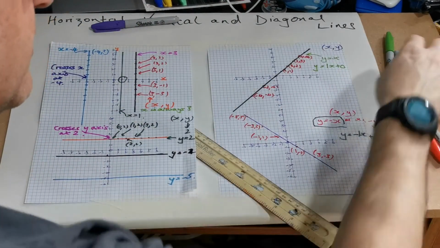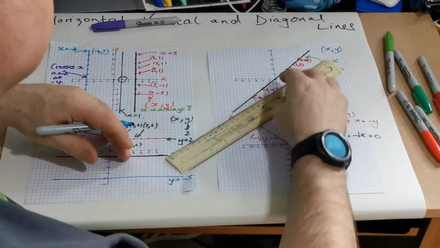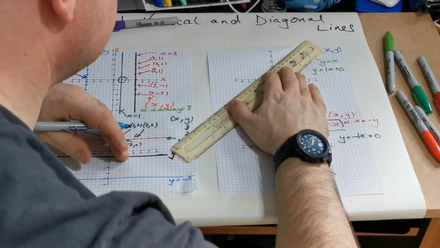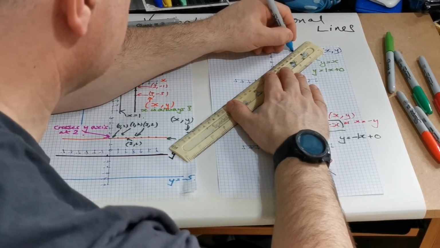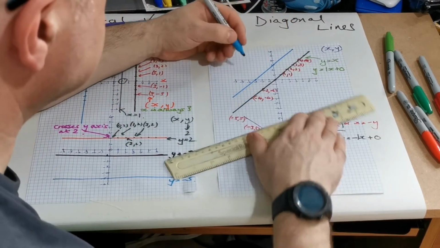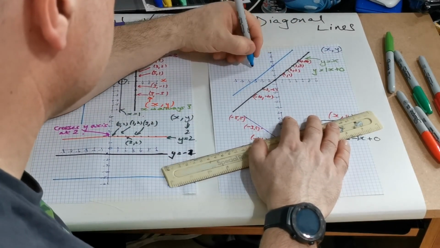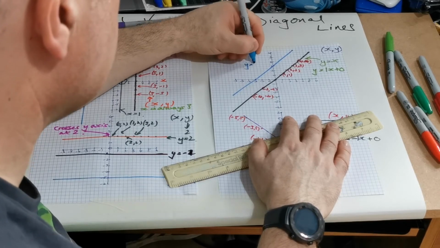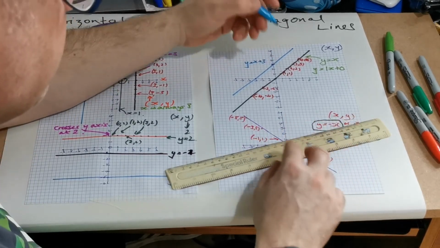And thinking about the y equals mx plus c, if we shifted this diagonal line up to here somewhere, you can add that y-intercept in. So it's a diagonal line, same gradient. This would be y equals x plus 3 because we're now considering the y-intercept.